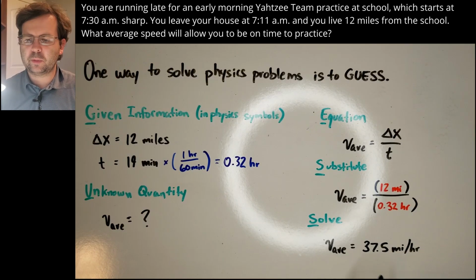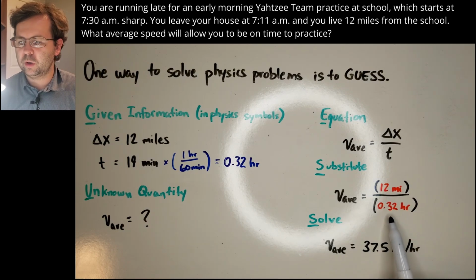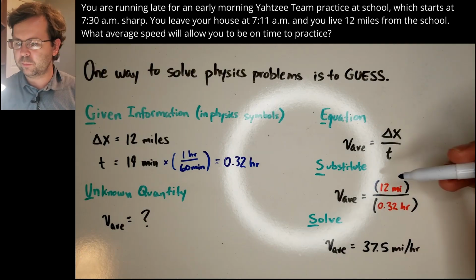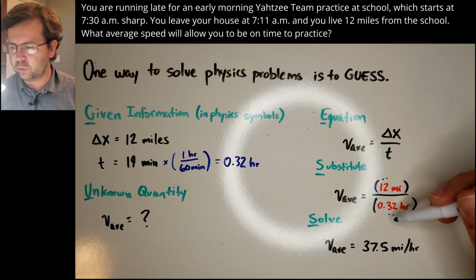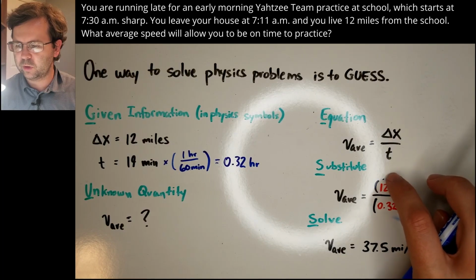And if you look back at the original problem, for the number of significant figures we're dealing with here in division, we have to take the lowest number of significant figures. Both of these values have 2 significant figures, 1, 2, 1, 2. So our final answer should also have 2 significant figures.